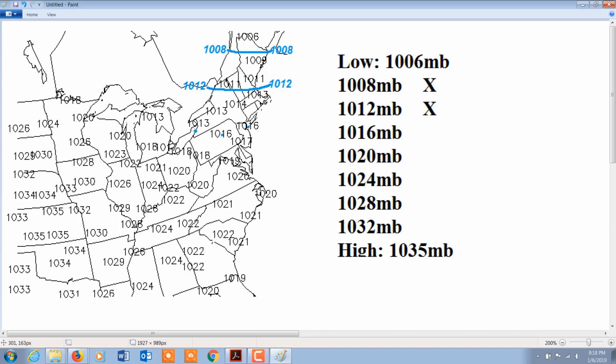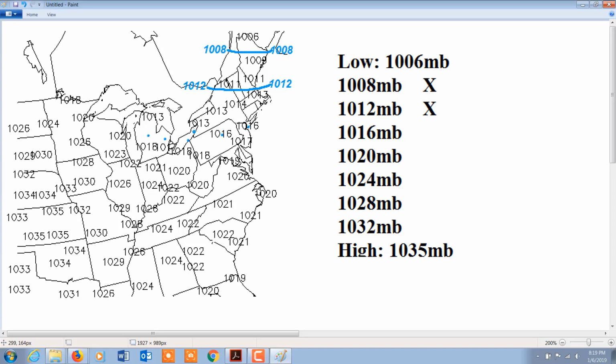And chances are the pressure is going to be 1016 slightly closer to the 1018 location. Why? Because 1018 is slightly closer to 1016 than 1013 was. So I'm going to put a dot there. And then between 1013 and 1017, down here, same thing. Between 1013 and 1018, we're going to see the same thing. So it's going to be right there.